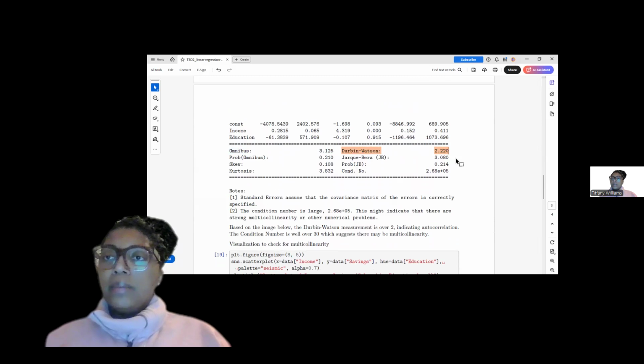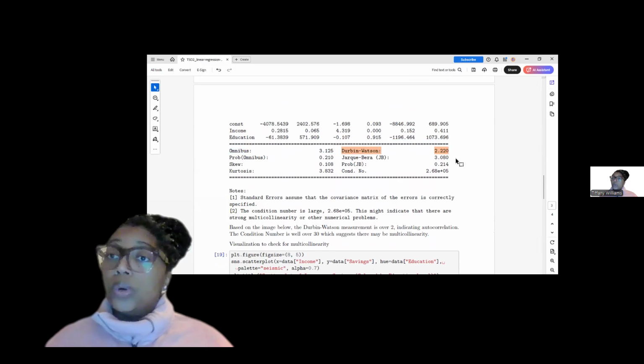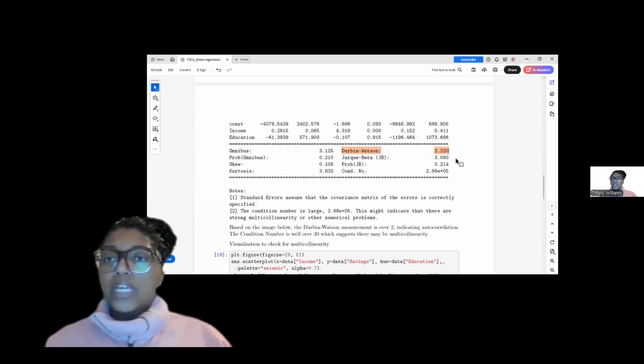This measurement is used to indicate autocorrelation. It ranges from 0 to 4. 2 means there is no autocorrelation. If it's more than 2, there is a negative autocorrelation. If it's less than 2, then there's a positive autocorrelation. As you can see here, it is more than 2, so there is an indicator that there is some autocorrelation.